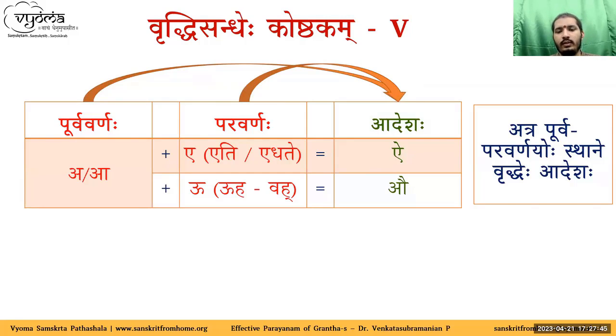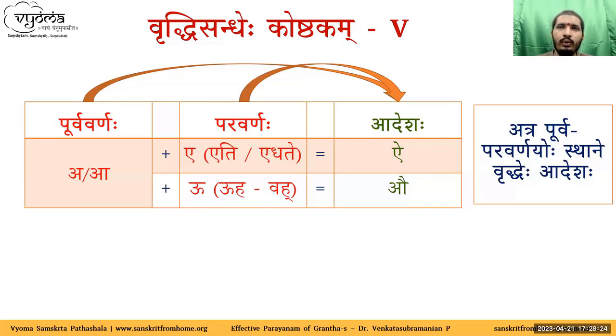Another thing to notice here, we have 2 rows in the table. The second row, that is the U Paravarna, is an exception for Gunasandhi, and the first row, A, is an exception for Pararupa Sandhi, which we will be studying in the next half an hour or so.